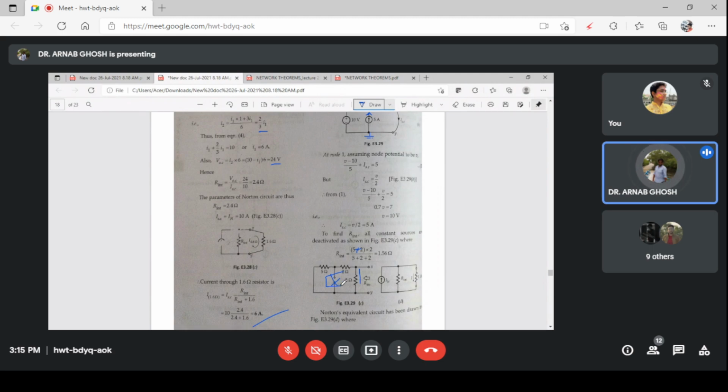When you are calculating the internal resistance across the terminal, in one branch you have resistances of 5 ohm and 2 ohm in series, and with that you have a branch with 2 ohm in parallel. So now you can calculate the internal resistance.